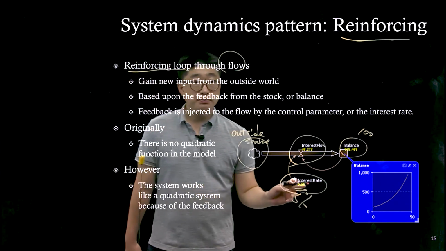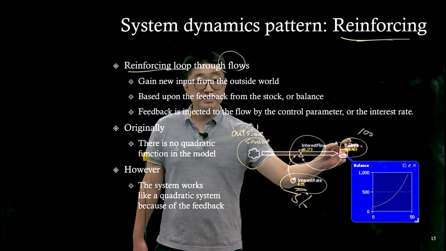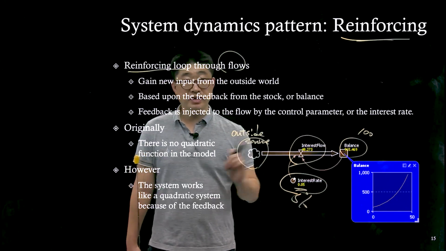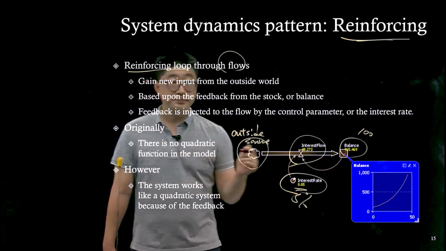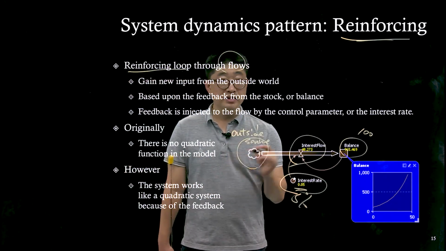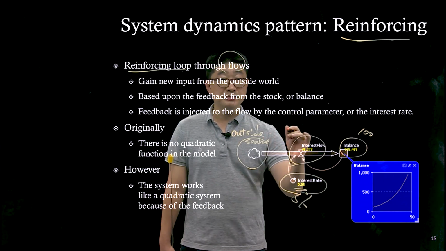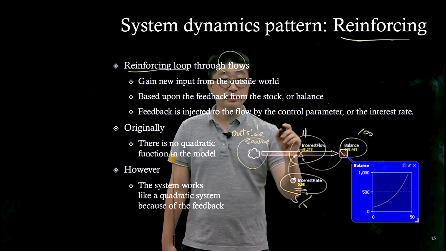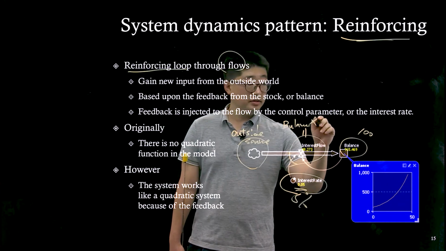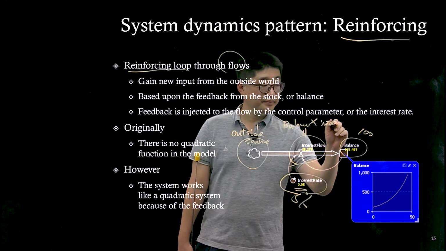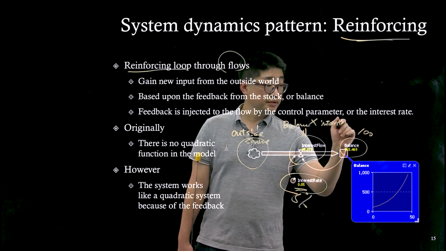And then this parameter and the stock are utilized to make the flow specification, and the interest rate flow is modeled as the balance multiplied by the interest rate.